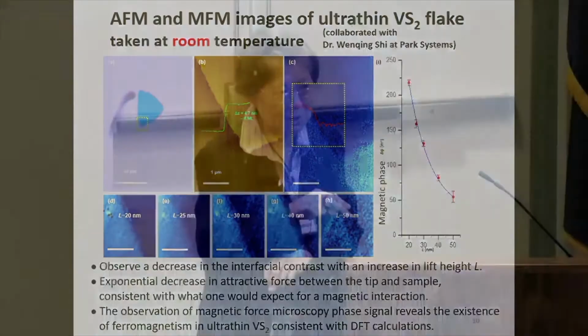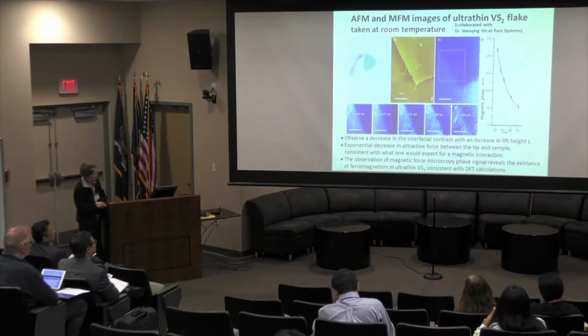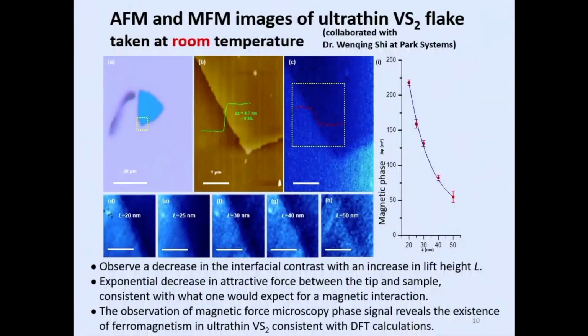That doesn't work because this is away from the van der Waals weak interaction. We cannot fit with any other power law, but this guided curve is the exponential fit. And this fit is consistent with the magnetic interaction between the tip and this magnetized flake, because it's supposed to decrease when you change the separation. Also, this is done at room temperature, which agrees with what the density functional calculations predict.